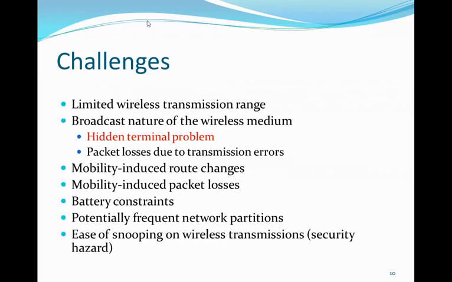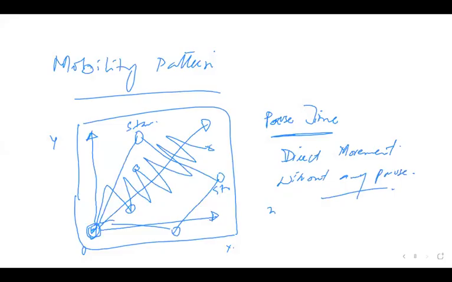One important thing is the deployment of these nodes, what sort of deployment we can have in these networks. So for the node deployment, either we have a uniform deployment or we have a random deployment.